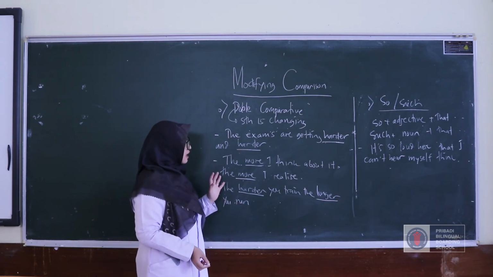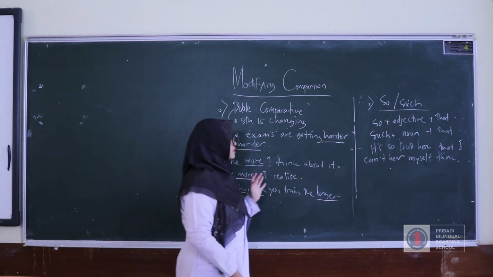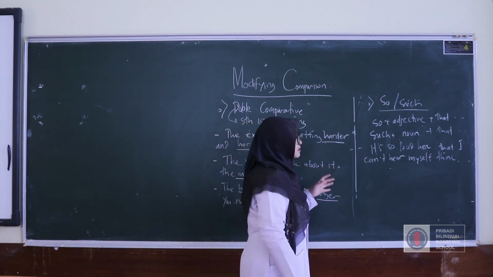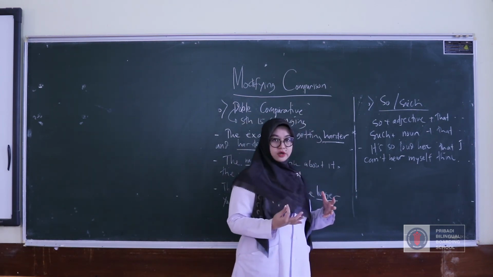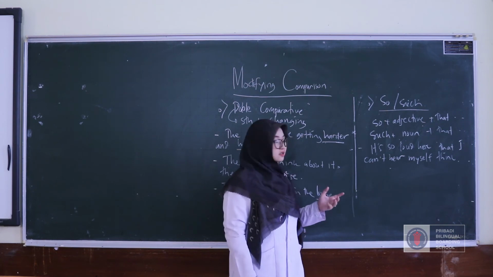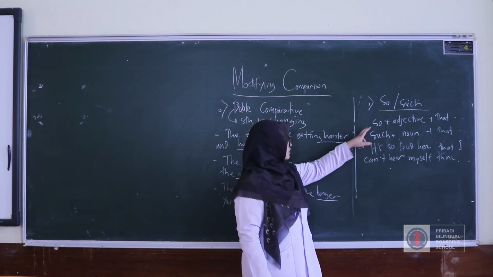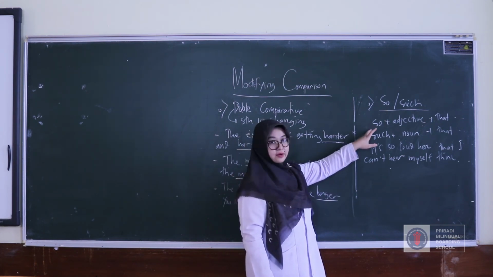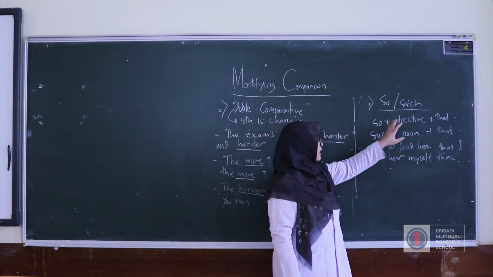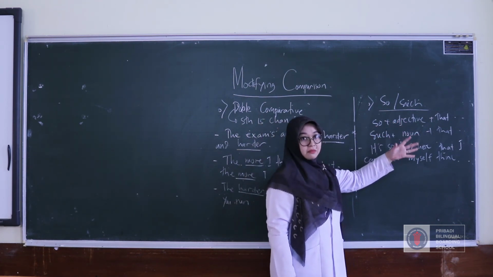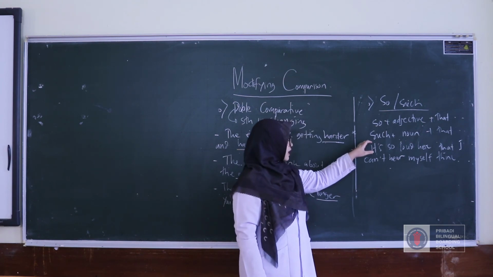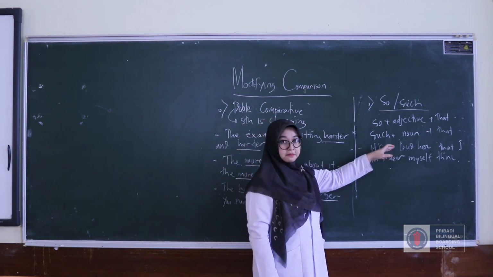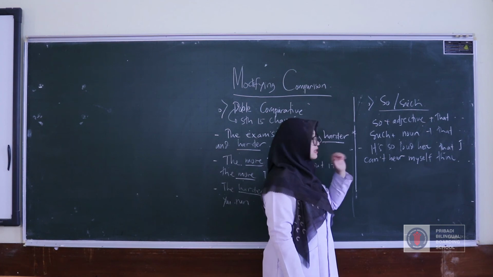Okay, and then we also have the use of so and such. Okay, this is also to compare, but this is more to compare adjectives and also nouns. Okay, so the pattern is just adding the word so plus adjective and then plus the clause that blah blah blah. And then also we have such plus noun plus also the clause that blah blah blah.